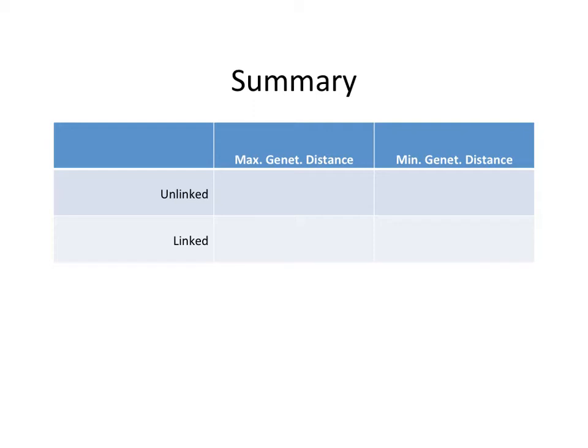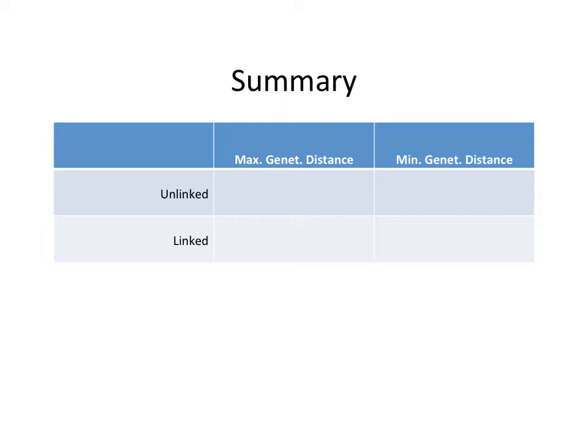Okay. What questions do you have? Which part was easy, which part was hard? So unlinked, maximum genetic distance. What does unlinked mean? Genes are on separate chromosomes.